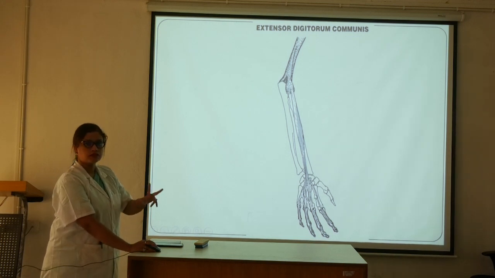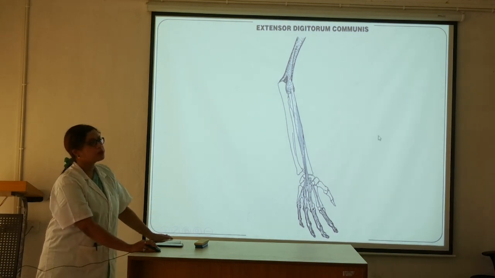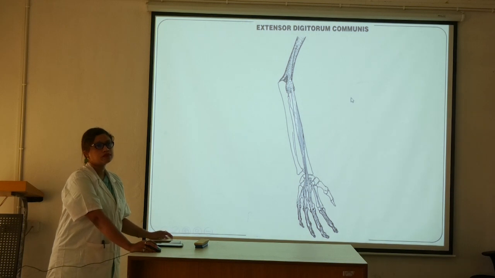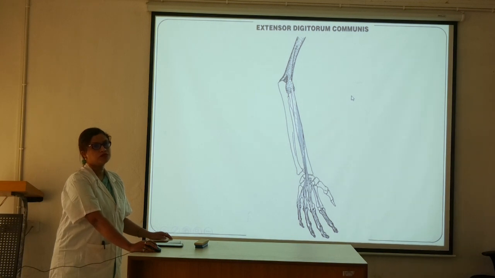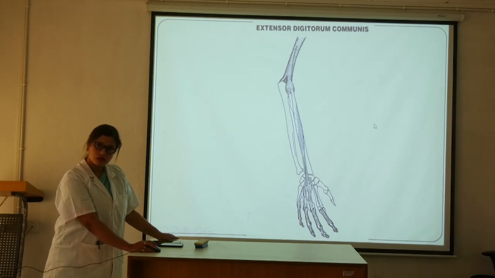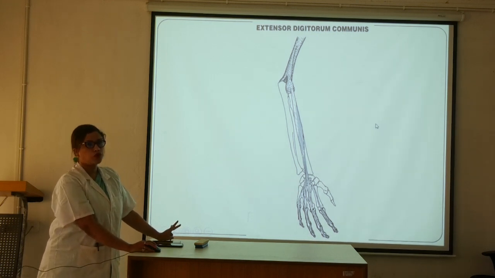And it is splitting. Which muscle in the flexor compartment will split twice? Flexor digitorum superficialis. It will split twice.